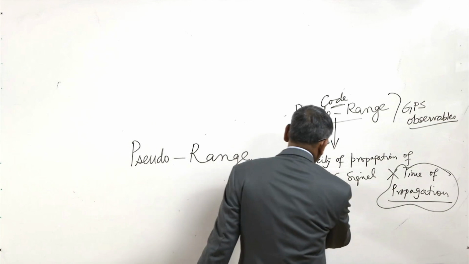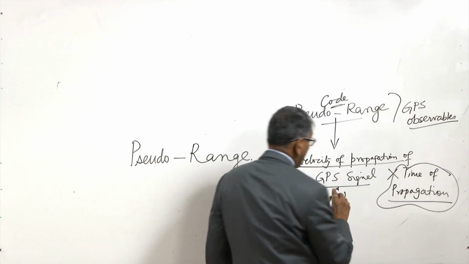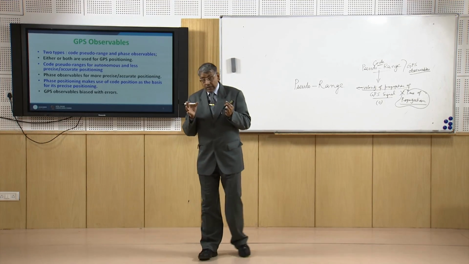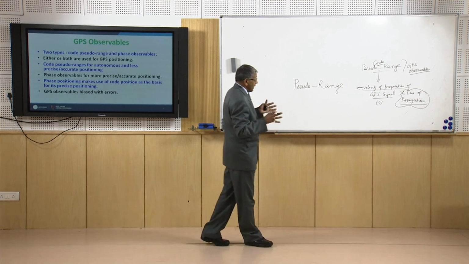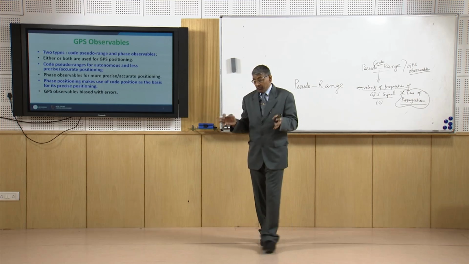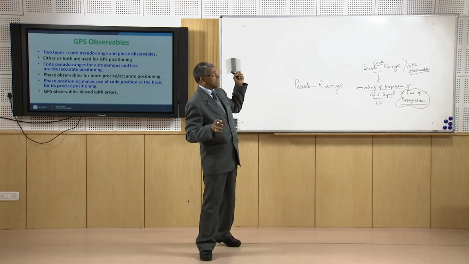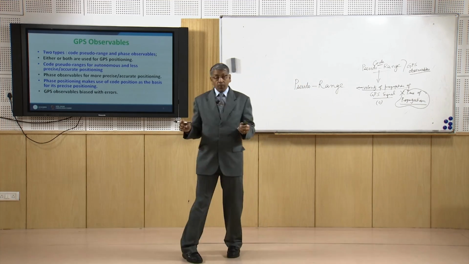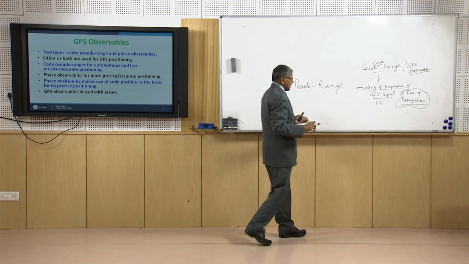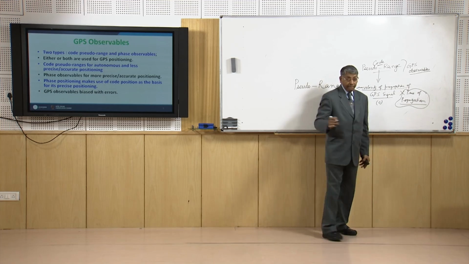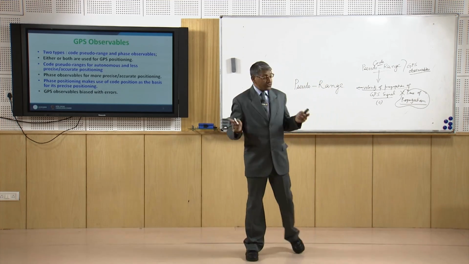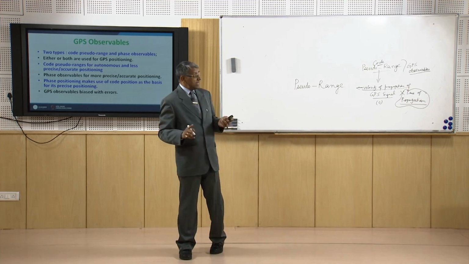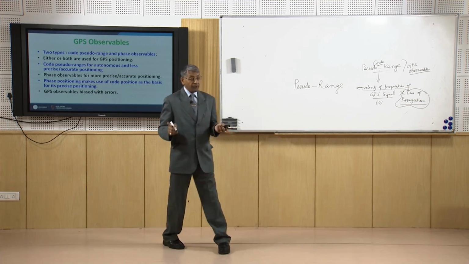In fact, ideally we say that the velocity of propagation of the GPS signal is the velocity of light. The assumption is that the signal travels in vacuum, but as you know, when the signal travels from satellite to receiver, it passes through the atmosphere. So ideally it is C, but practically it will not be C. That means there will be a change in velocity of propagation, and so the time of propagation will also differ from actual.